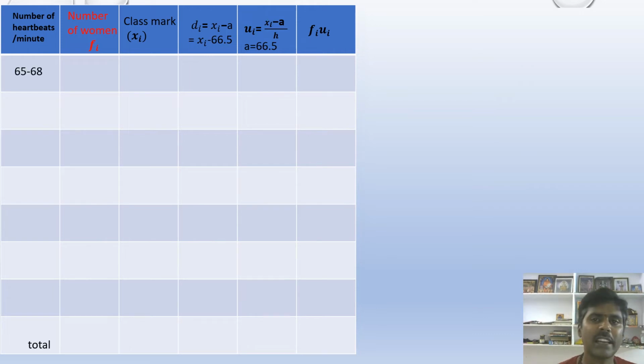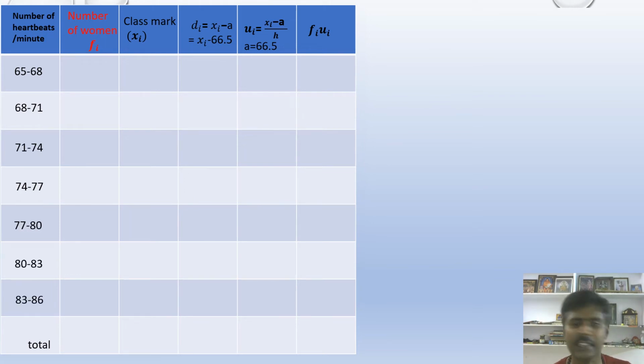First I will take the class intervals as usual, 65 to 68, 68 to 71, 71 to 74, 74 to 77, 77 to 80, 80 to 83, 83 to 86, as well as the frequencies 2, 4, 3, 8, 7, 4, 2. Sigma fi, the total, is 30. The class mark is 65 plus 68 by 2, which gives 66.5.